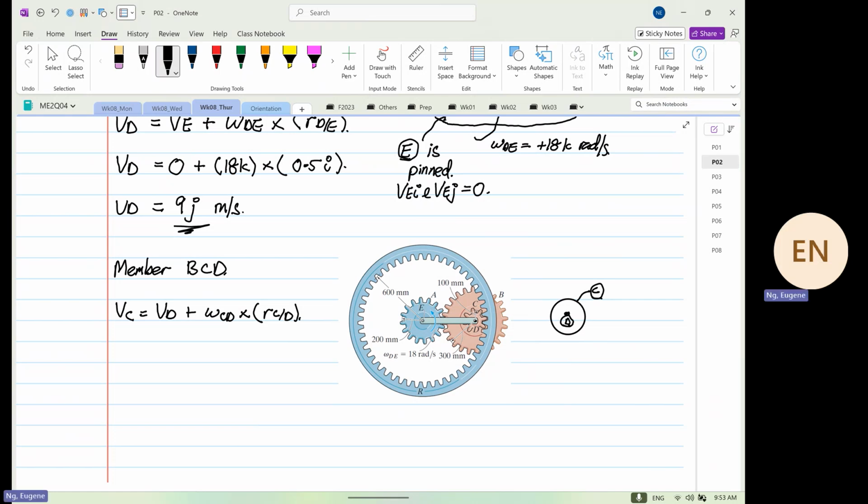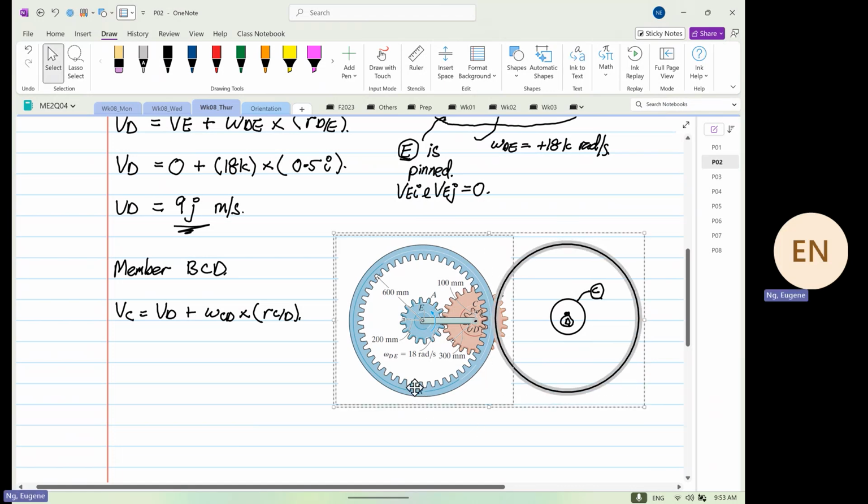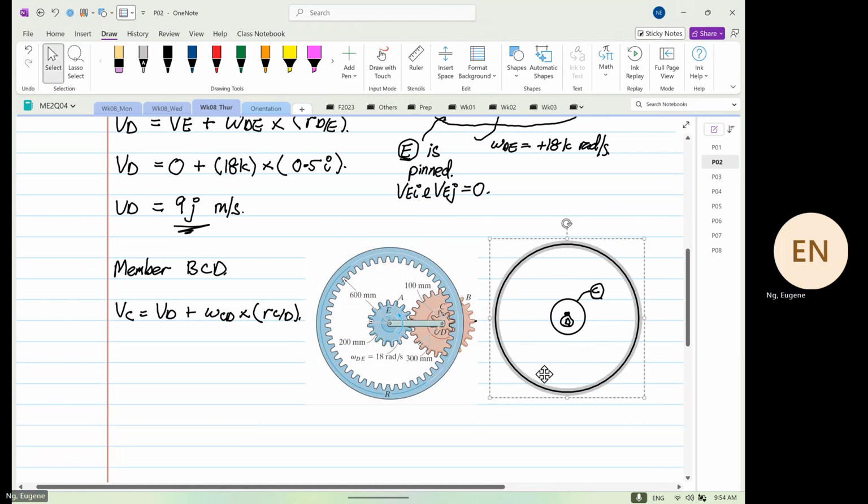So from here, if you look at C, right, point C is connected to a bigger gear, to a much bigger gear, right, or to the ring gear. Okay, I will shift this.